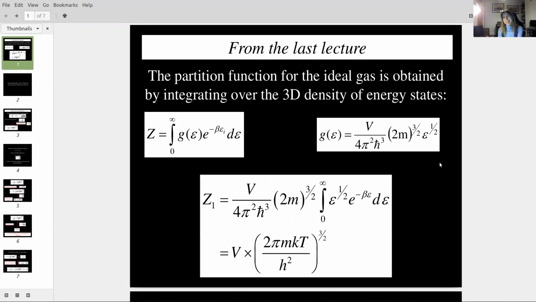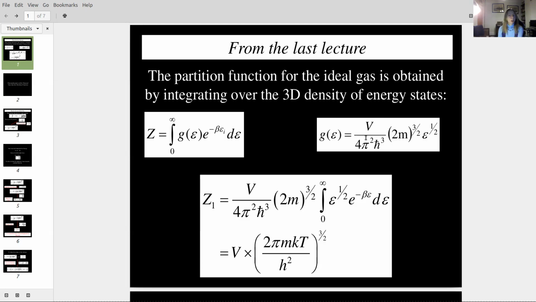I wanted you to see it for completeness, but don't worry too much about it at this stage, because it does take a little bit of time to get used to. When you see it in different contexts, that will make it a lot more tangible, because it is very abstract. So here's our derivation of the density of states.